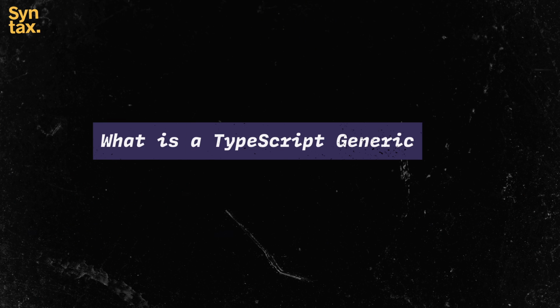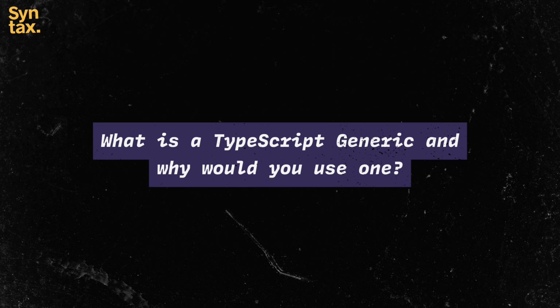My question for you next is, what is a TypeScript generic and why would you use one? Thank you for this question, Wes, because it's one I can answer. If you think about the word generic, it's not a specific definition for something. It's a generic definition.